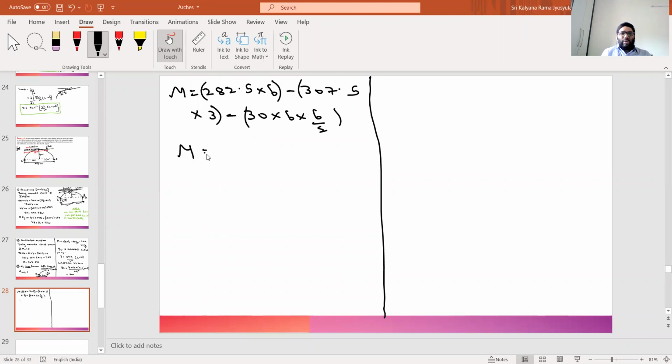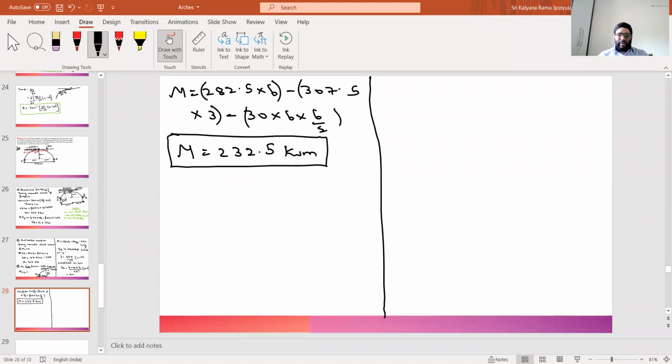So M comes out to be 232.5 kilonewton meter. Units are very important. So we got the first value, the moment at a distance of 6 meters from the left support.